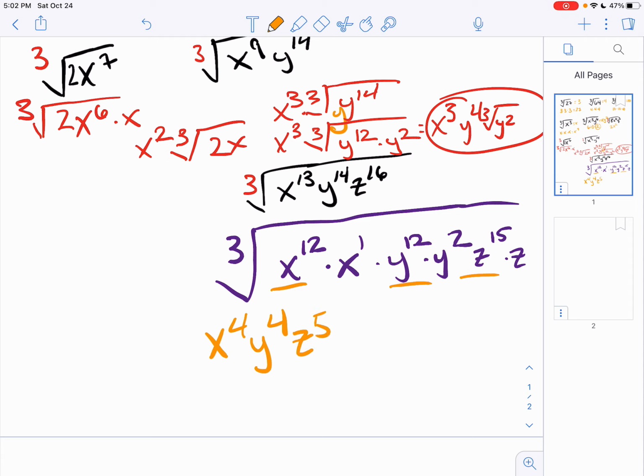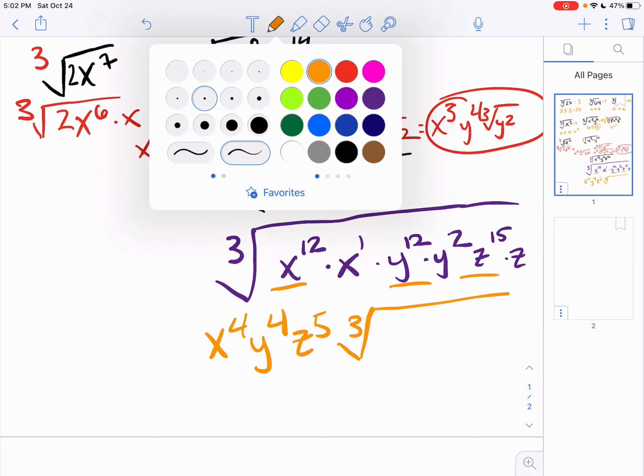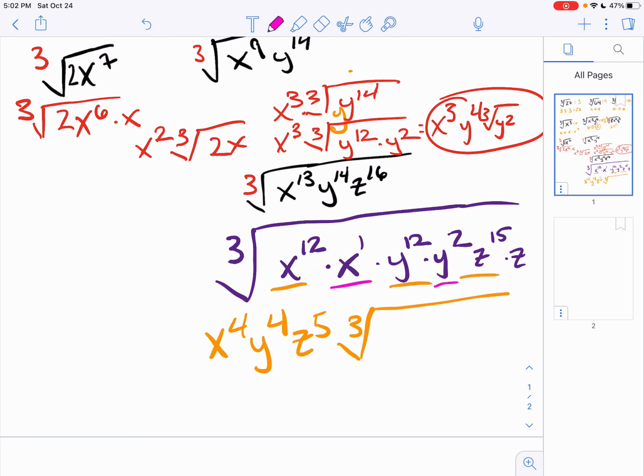So that's all on the outside. I still have my cubed root, though, because the terms left inside are not perfect cubes, so I can't do anything with them. So I'm left with this.